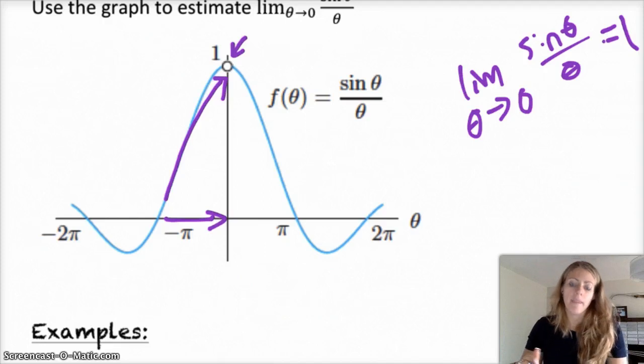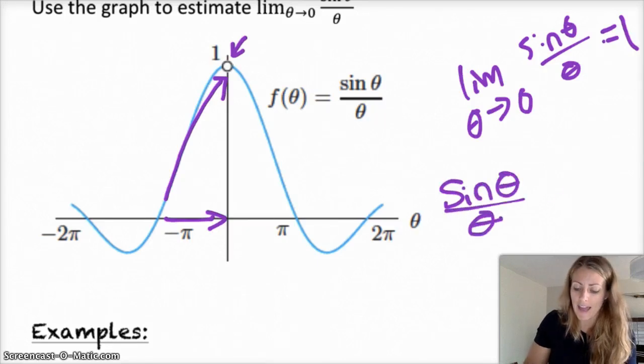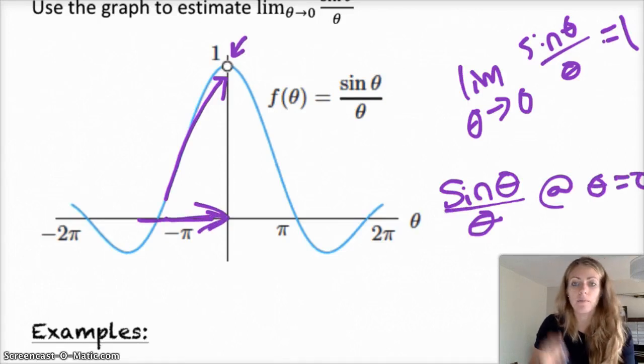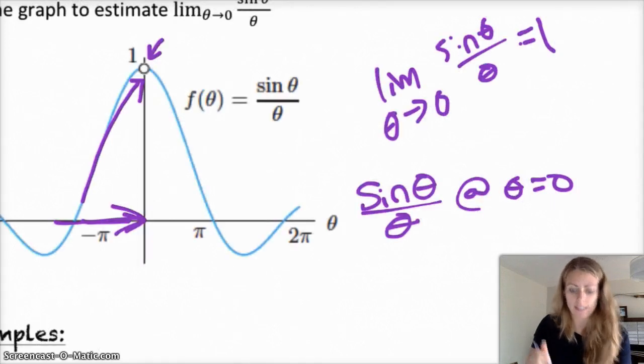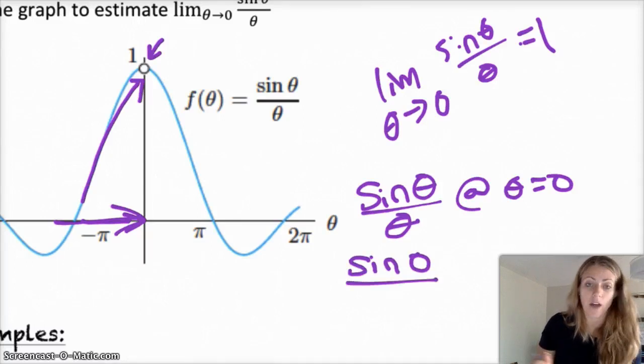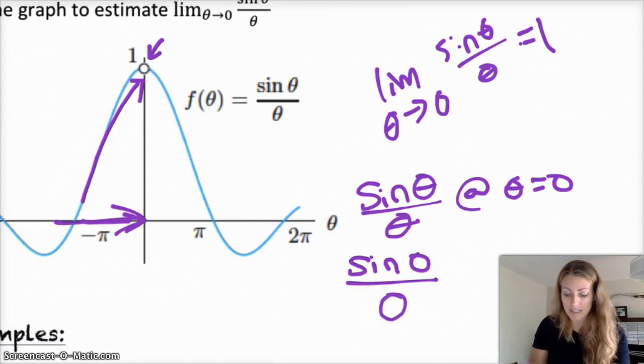But that's not equal to the function evaluated at that point. So sine theta over theta at theta equals 0. Remember, we're approaching 0, but when we actually equal 0, there's a problem, because it's sine of 0 divided by 0, and you can't divide by 0.